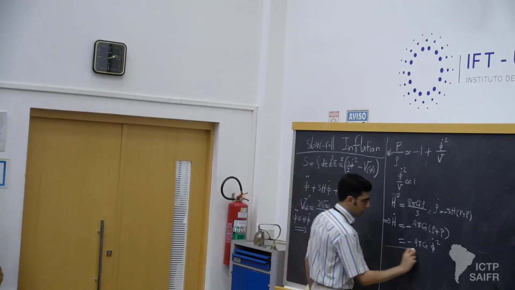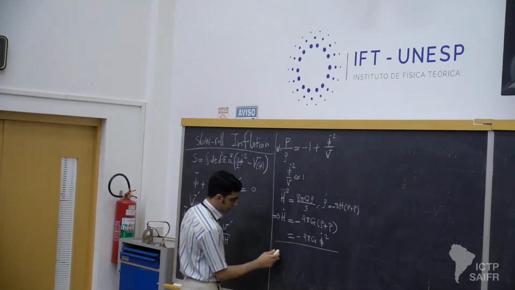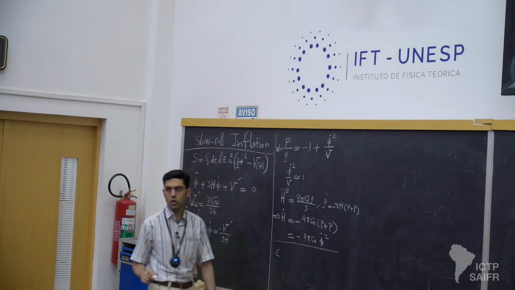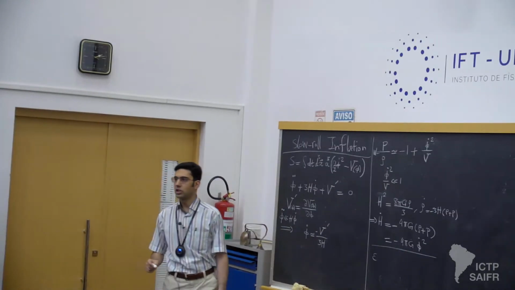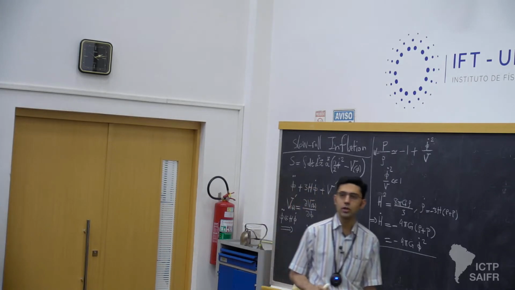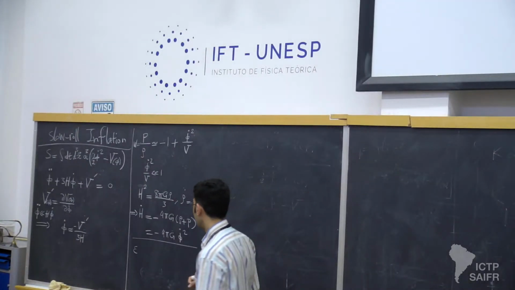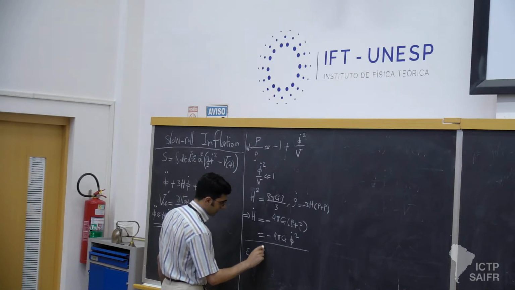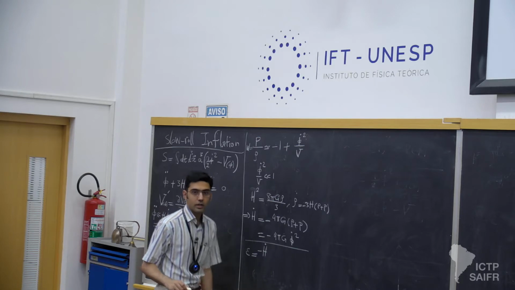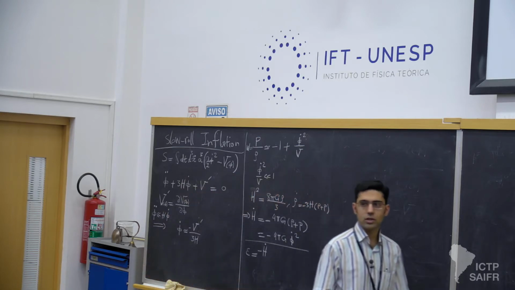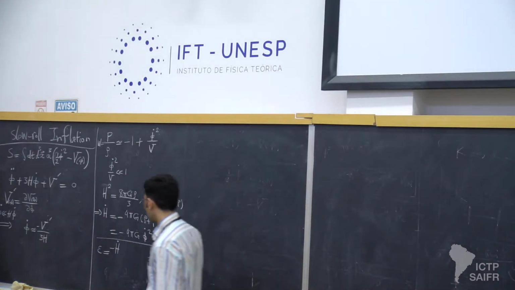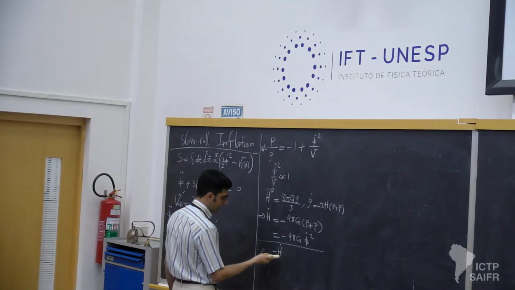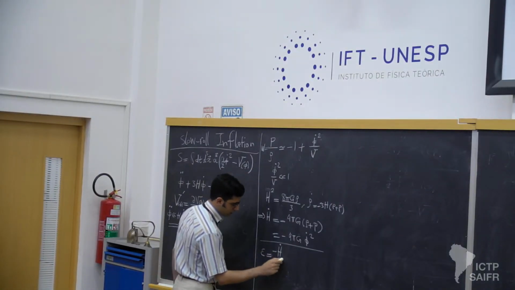And we want to define something called the slow roll parameter, which tells us how close we are to de Sitter. How do we do it? By comparing the variations of H. Remember, H dot is negative if we satisfy the null energy condition. So I take its absolute value, which is minus H dot.